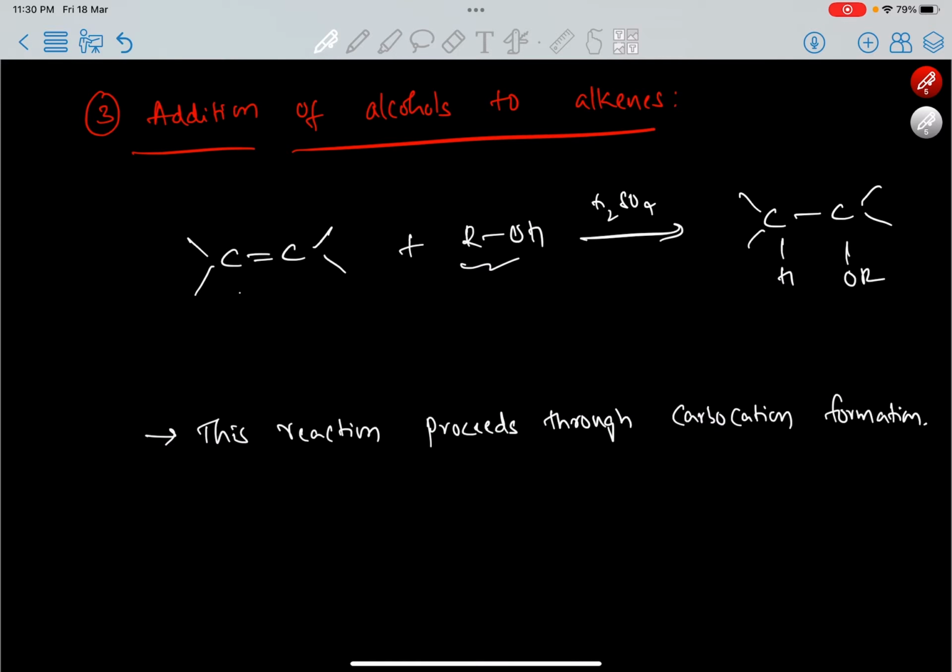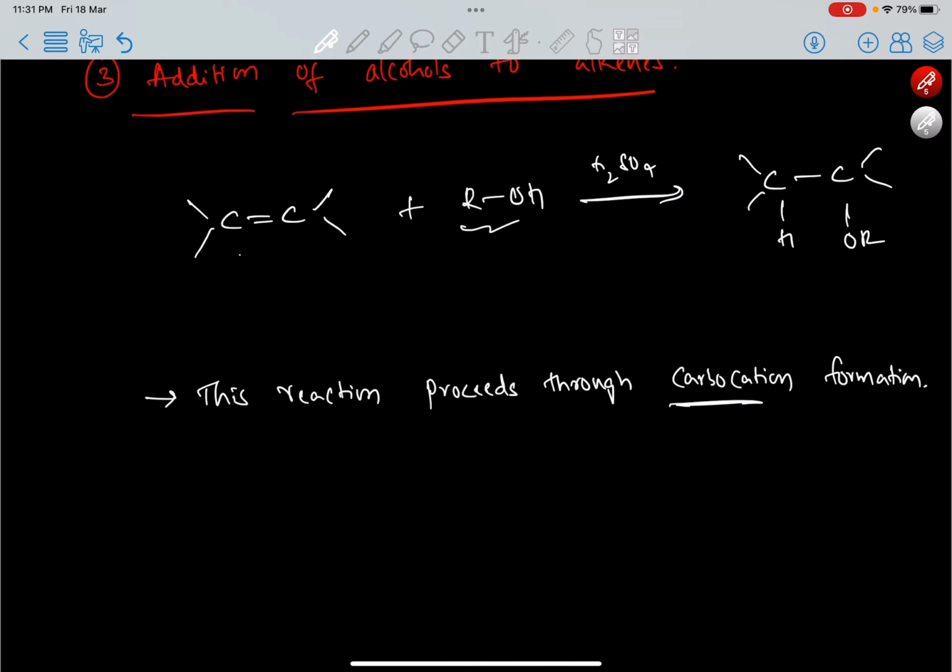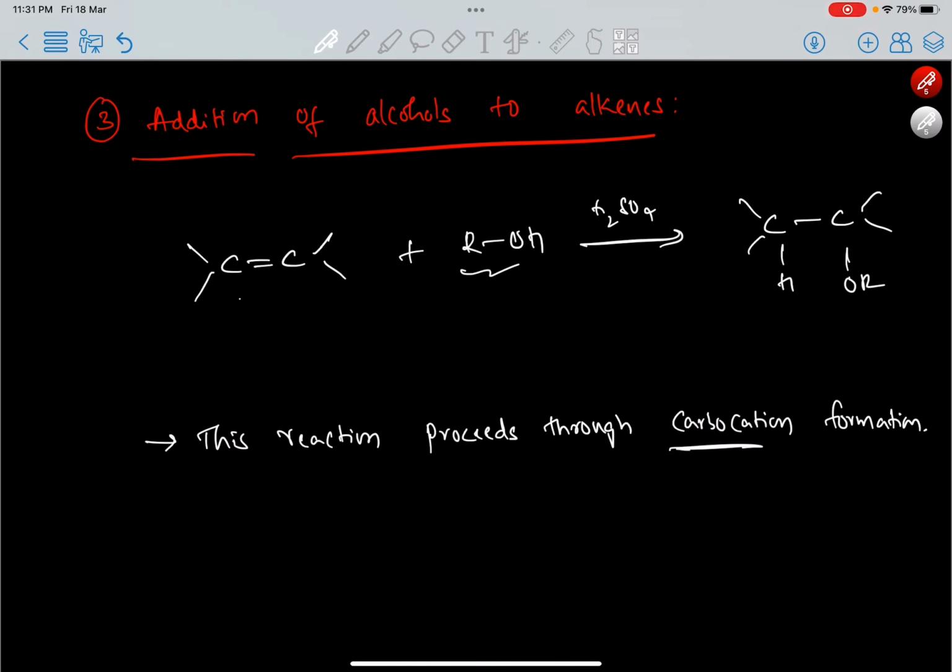All this is fine in the case of symmetrical alkenes, where OR can be added on any side. But what about unsymmetrical alkenes? Then the Markovnikov rule comes in. Since it passes through carbocation formation, we apply the Markovnikov rule to identify the final product. So this is the final method to prepare ether from alcohols.